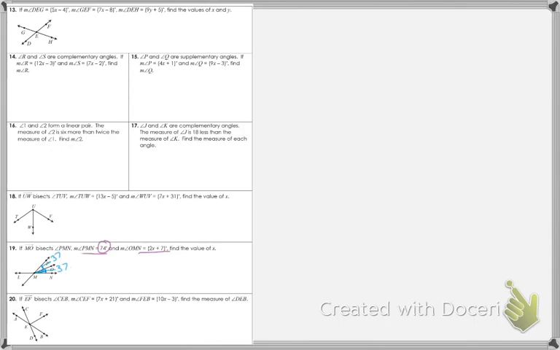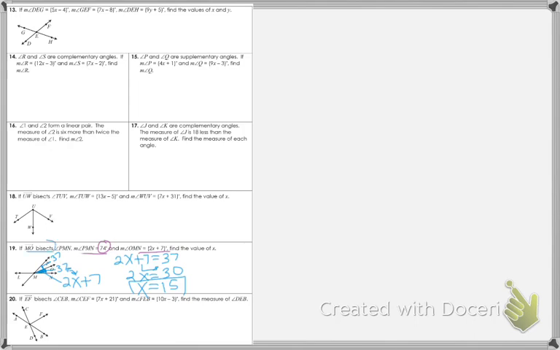This guy also is equal to 2x plus 7. These two equal each other. So I can solve for x by doing this. Move him across, so I have 2x is equal to 30, x is equal to 15. And, well, that's all they want.